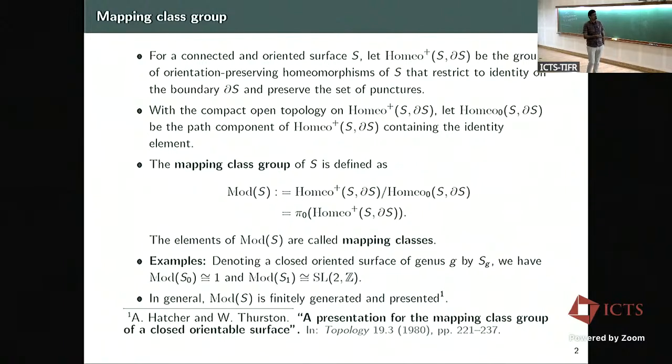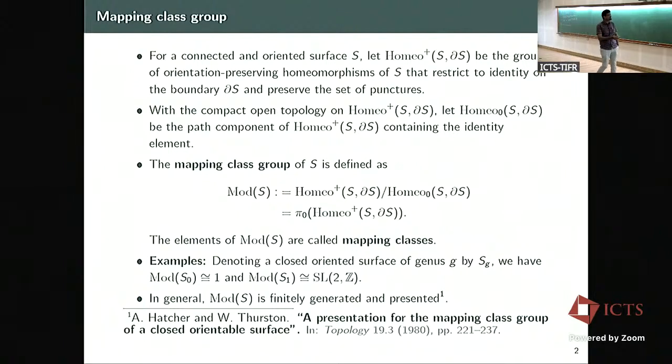Okay, and you can also think of that as the space of path components of the homeomorphism group. And the elements of the mapping class group are called mapping classes. For this talk, I'll be focusing on the closed oriented surface of genus g, which I'll denote by S_g.